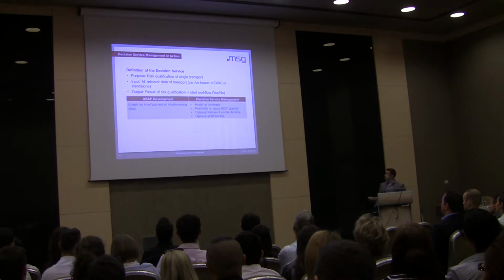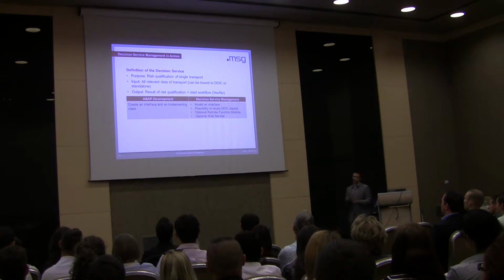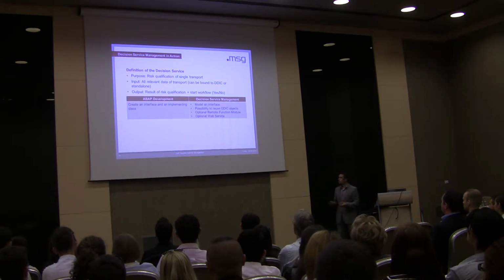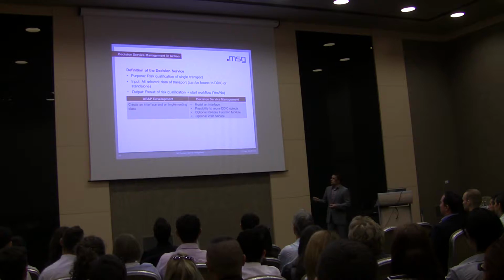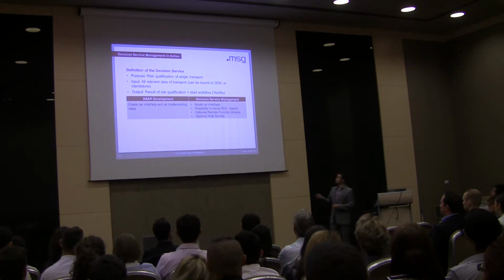So let's see, what would you do with an ABAP development? Well, typically you would create an interface and a class that implements that interface in order to model that, or you would do a function module, something like that. This is what you would do as developer. Within decision service management, you model this stuff.